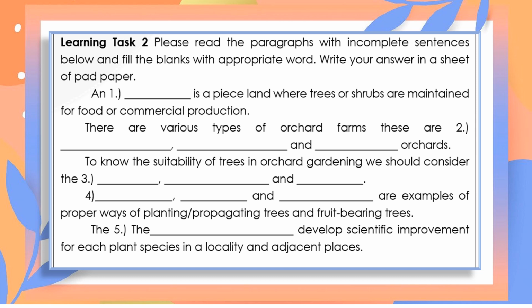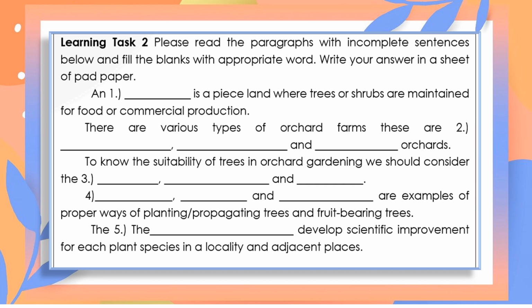To know the suitability of trees in orchard gardening, we should consider the blank, blank, and blank. Next, blank, blank, and blank are examples of proper ways of planting or propagating trees and fruit-bearing trees. The blank develops scientific improvement for each plant species in a locality and adjacent places.